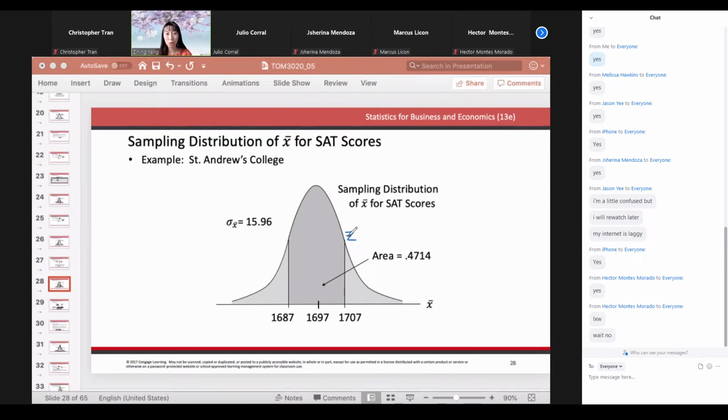So yes, you start with one number, either one. Get the z-score, and then from the z table, you are able to get this area, right? Through the z table. So you do one, and then you do the next, get the z-score, then go to the z table, get the area of this green, because the z table tells you everything to the left, right?